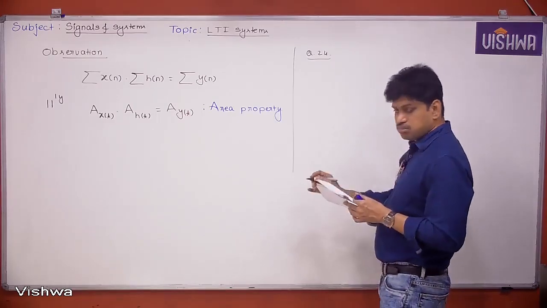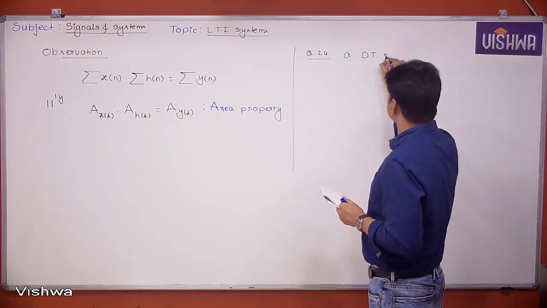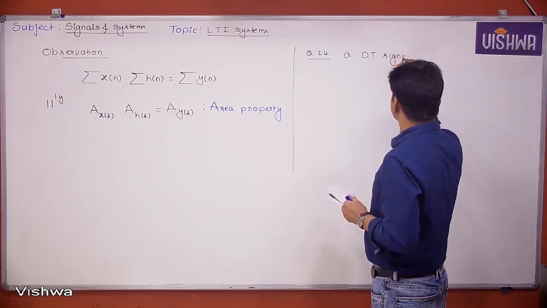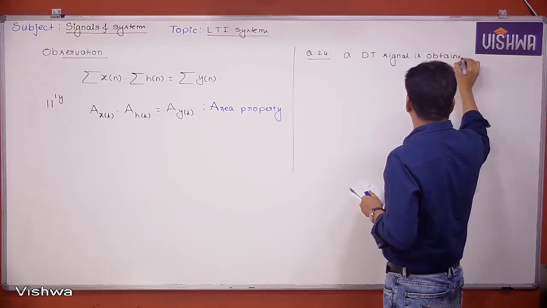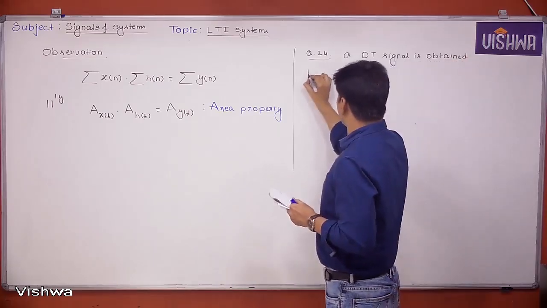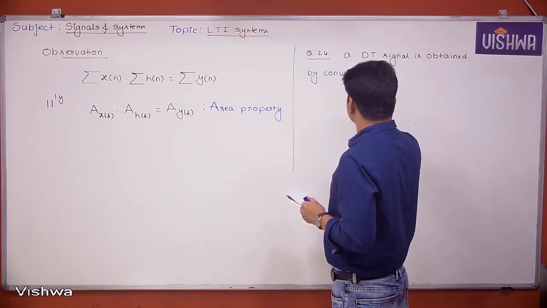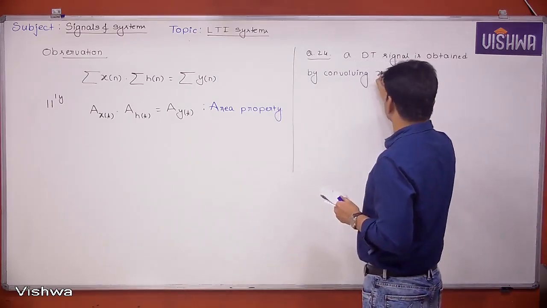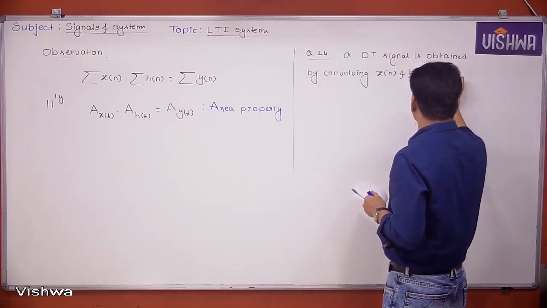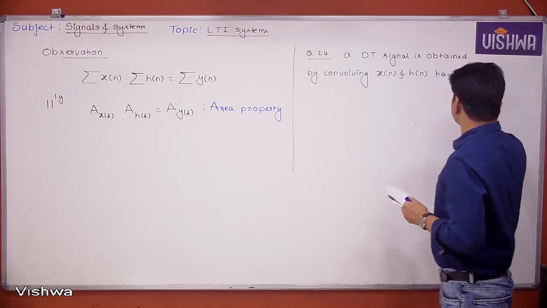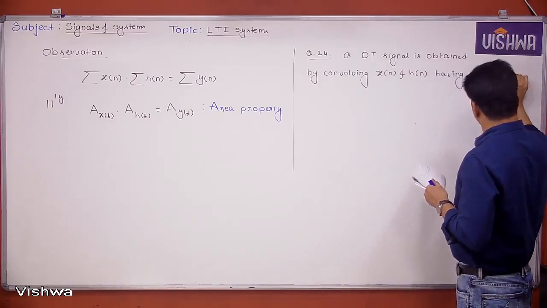So I am writing that question because you may not have the question. A discrete time signal is obtained by convolving x of n and h of n having lengths three and five.